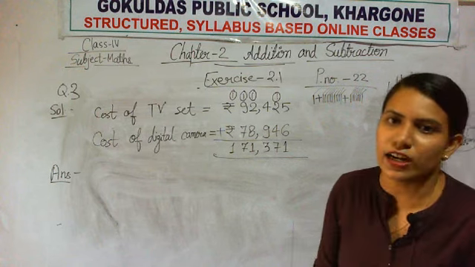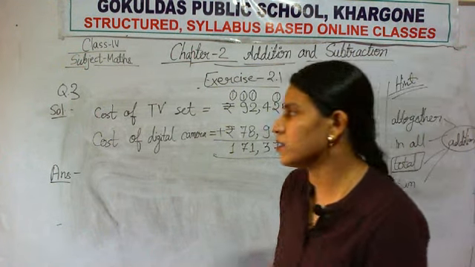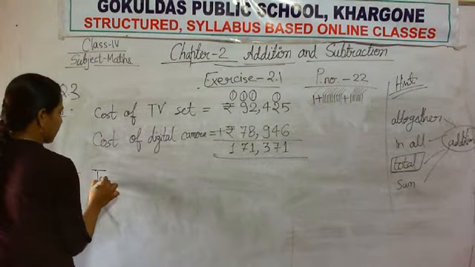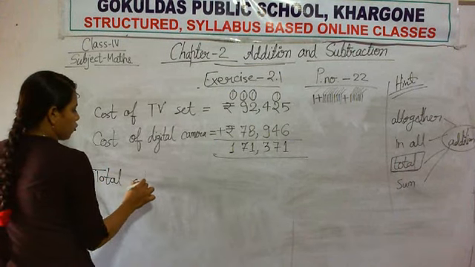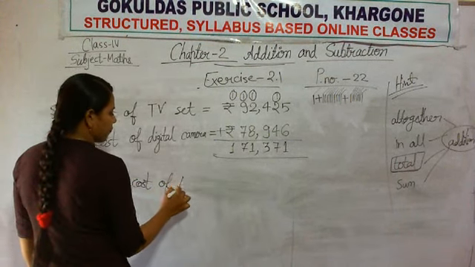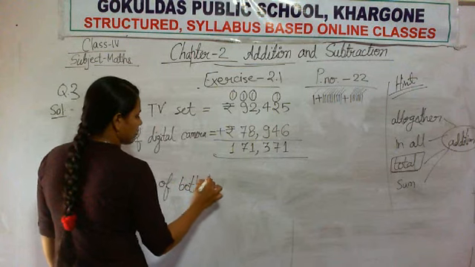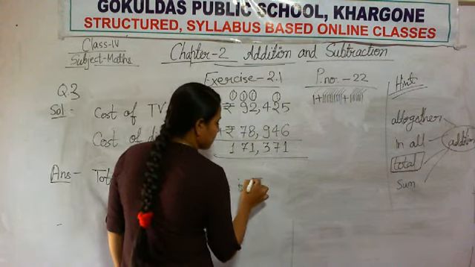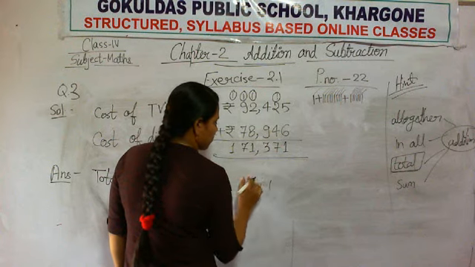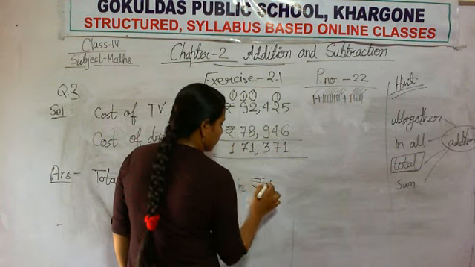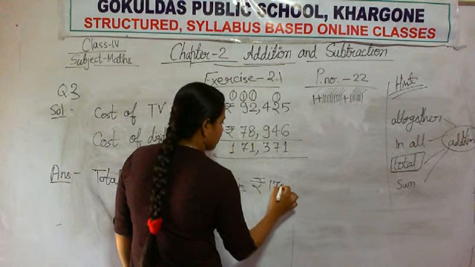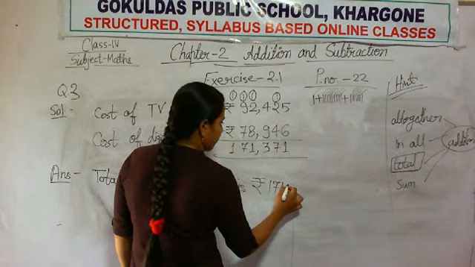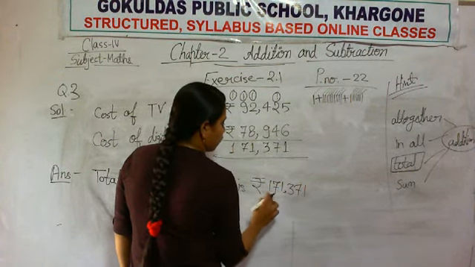So what is the total cost of both the items? Write the answer. Total cost of both items is rupees 1 lakh.